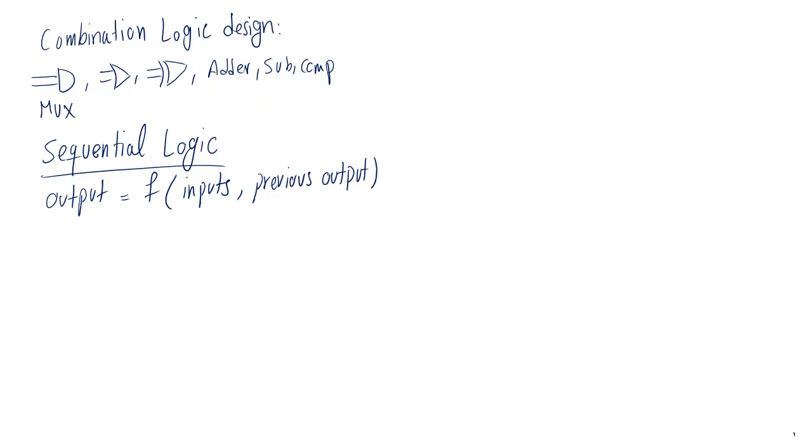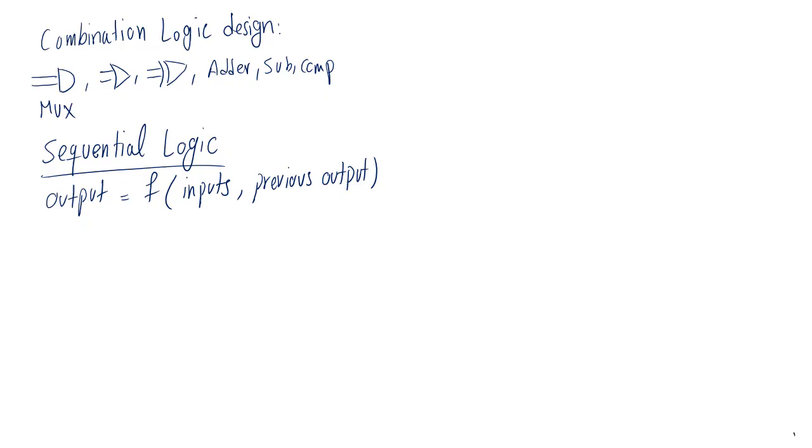So it had a sense of time, a sense of memory. It remembered what the previous output was. An AND gate doesn't remember the previous output. It can only take four different kinds of inputs, so a two-input AND gate generates the output based on those inputs, and it doesn't care what the previous output was, a 1 or a 0.